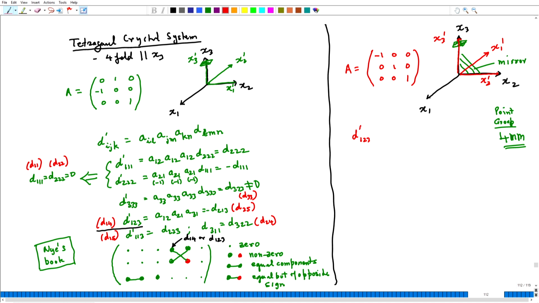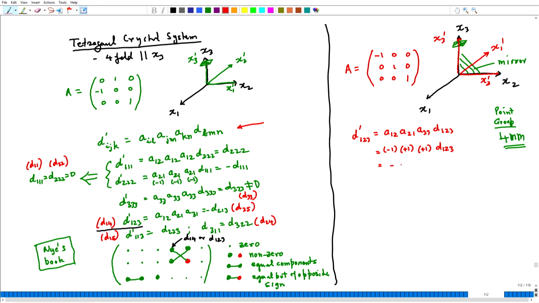So, D 1, 2, 3 transforms to D prime 1, 2, 3, and let us put what are the 3 numbers we will get from the direction cosine matrix which are non-zero. It will be A12, A21, A33 into D123. This is equal to A12 is -1, A21 is +1 and A33 is again +1, D123.